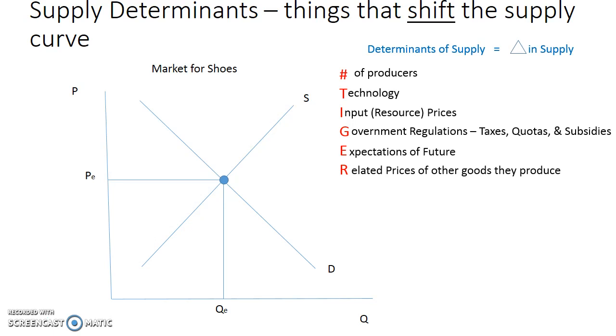So if I, for example, am a footwear producer, and we've got here the market for shoes. Let's say that it's wintertime, and with that there's an increase in the demand for boots. And so if there's an increase in the demand for boots, well, that's going to cause the price to go up for the boots, and that'll also cause a change in the quantity supplied of the boots.